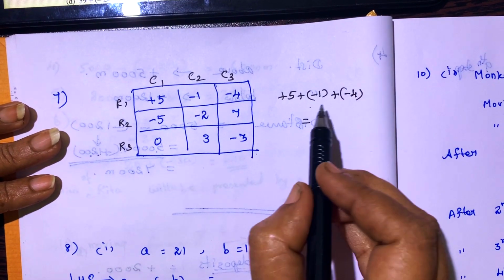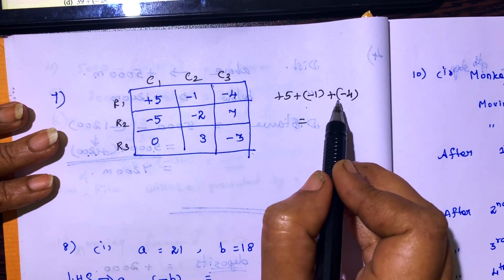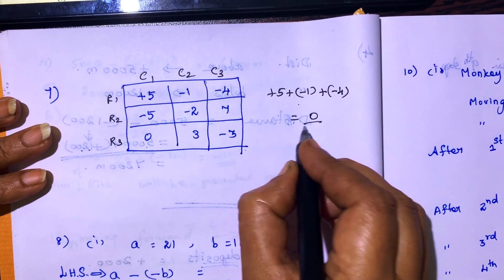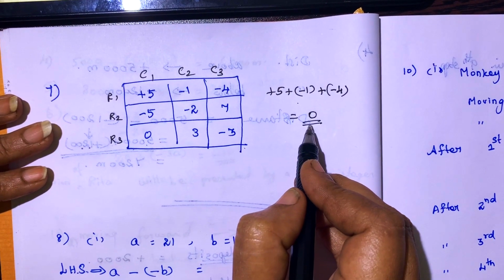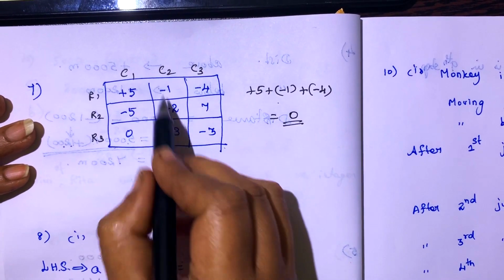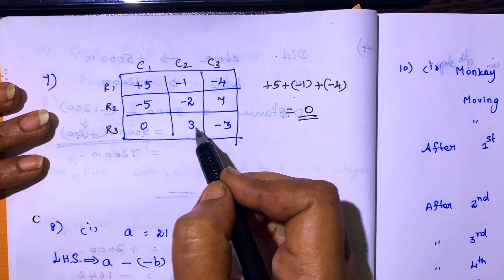Minus 1 plus minus 4 is minus 5. Minus 5 plus 5 is equal to 0. Right? So the first one I have done for you. The next ones, row 2, row 3, column 1, column 2, column 3 and the diagonals, you have to check on your own.